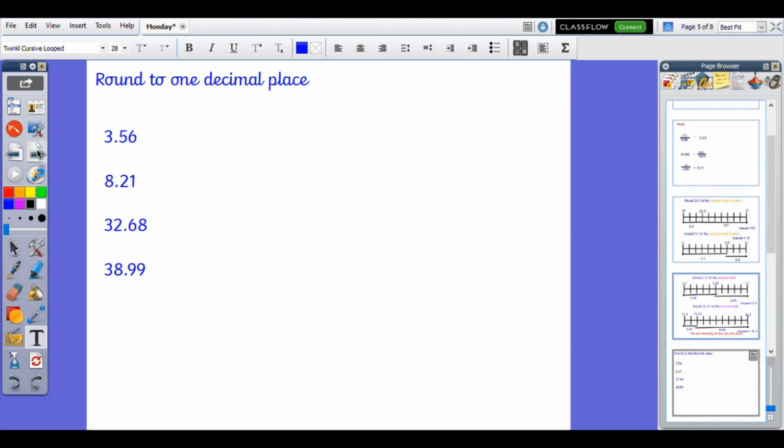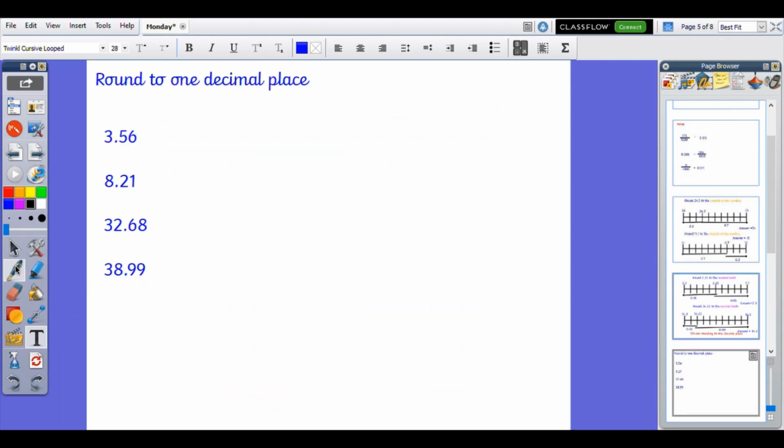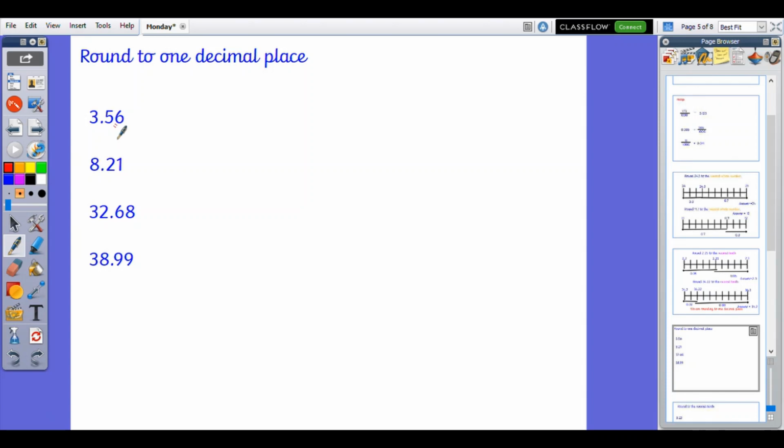Okay, and then quickly let's just look at rounding to one decimal place. So this is basically what we just did here, but without the number line. So if you are asked to round to one decimal place, it's asking you to find it to the nearest tenth. So it's asking you to round to this number here.